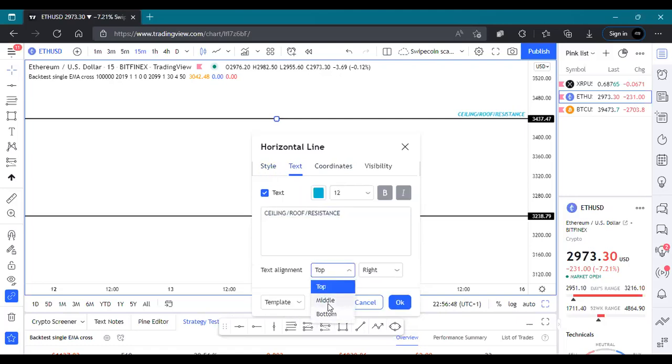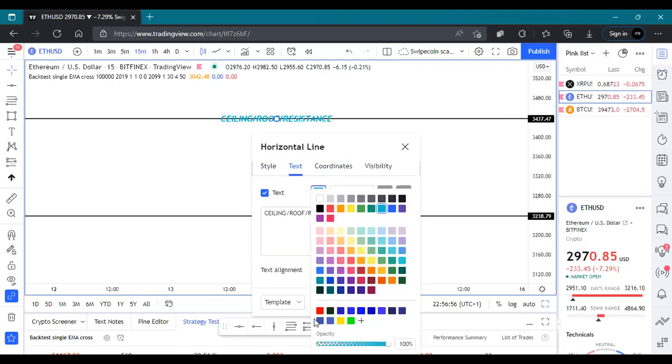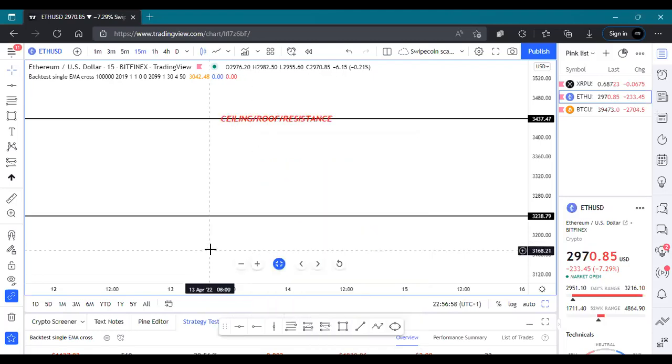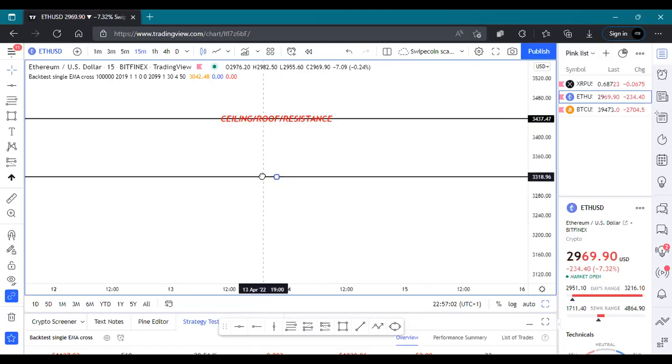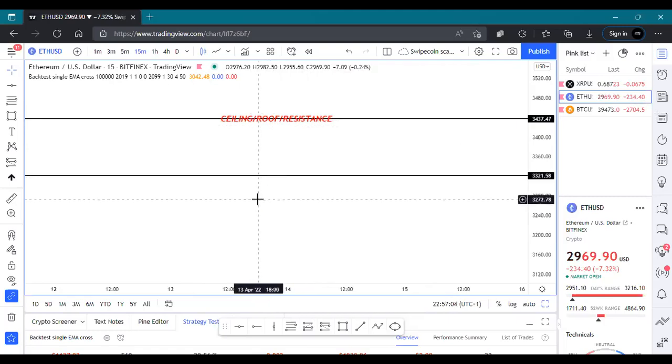So let me keep this middle center. I'll make this red. Ceiling. So guys, can you actually tell me what happens when you throw a ball to the ceiling? If you throw a ball to the ceiling, what do you think will happen?